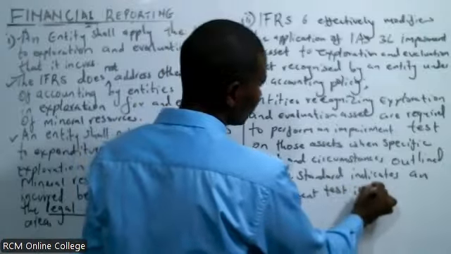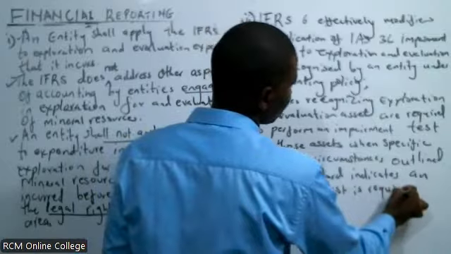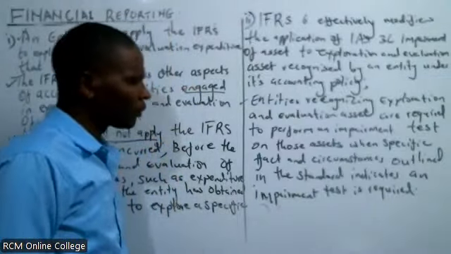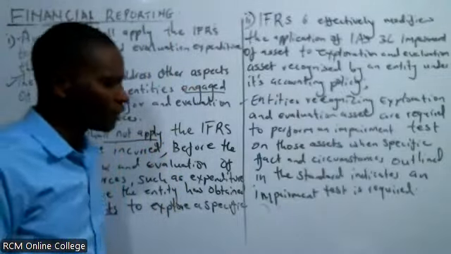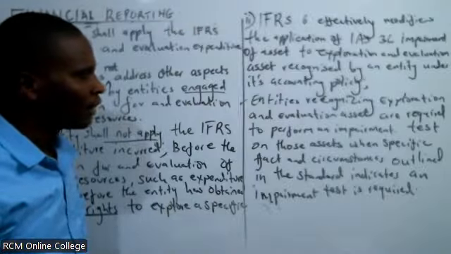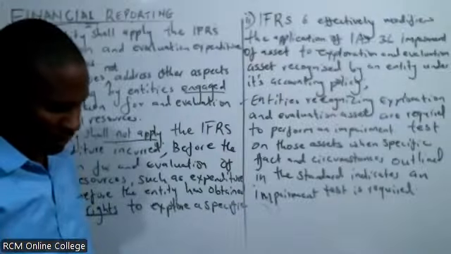So the impairment test needs to be done so that you're able to see and to know what is the loss of value of that asset.